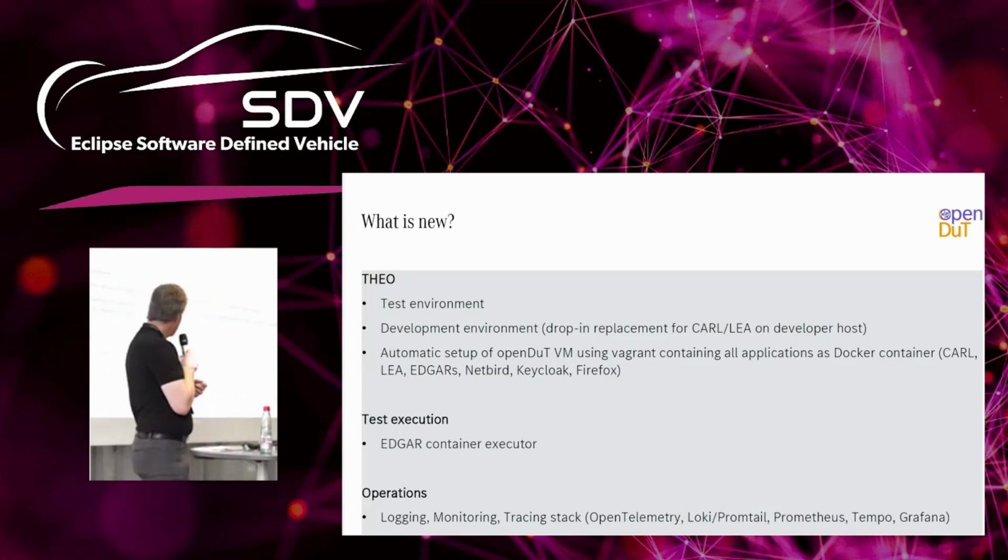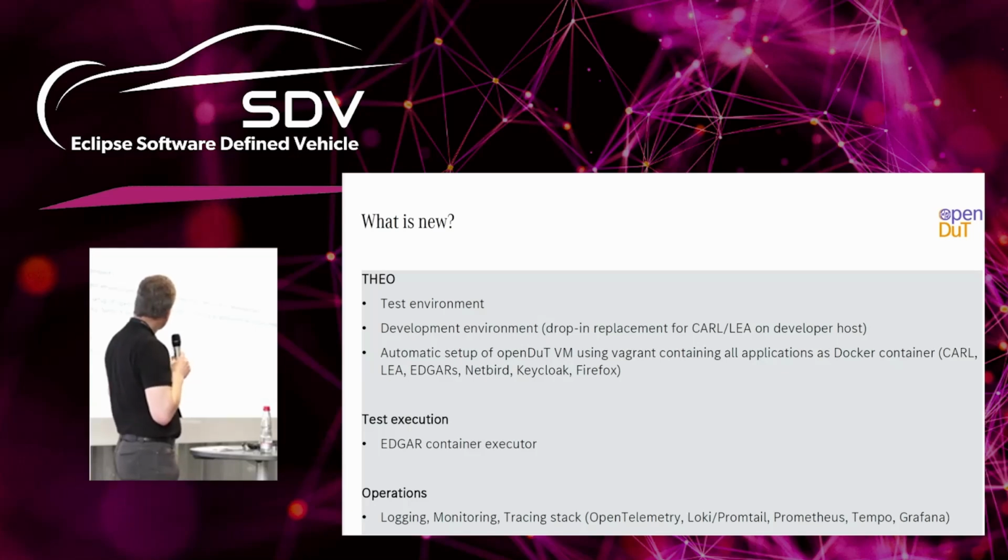Then a little bit more information about Theo, the test environment. It is an automatically created setup in a virtual machine. openDuT runs best on Linux. You don't have a way to run it on Windows, or you always need some virtualization on Windows for openDuT. And we have that set up here using Vagrant that will spin up a VirtualBox with a Linux operating system in it and launches all the applications, which are Dockerized, within that virtual machine.